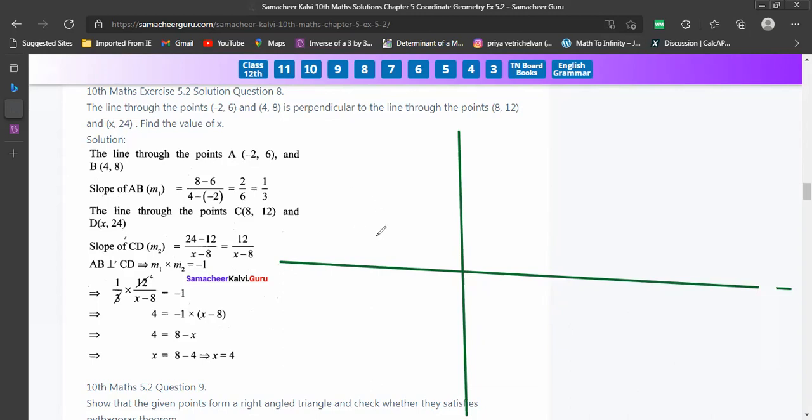Let's assume (-2, 6) is somewhere here, and (4, 8) somewhere here. I connected these two points through a line.